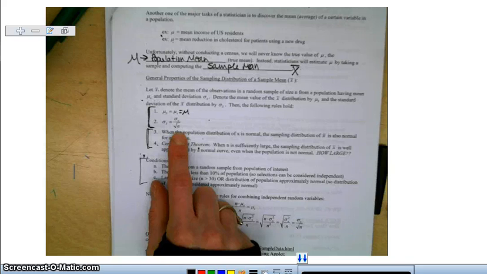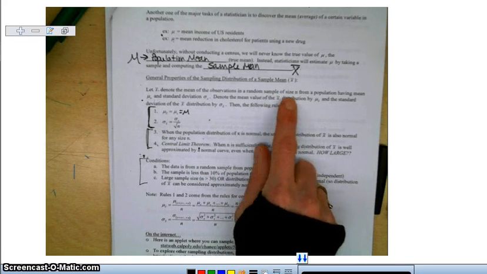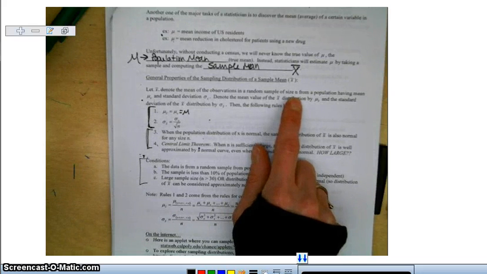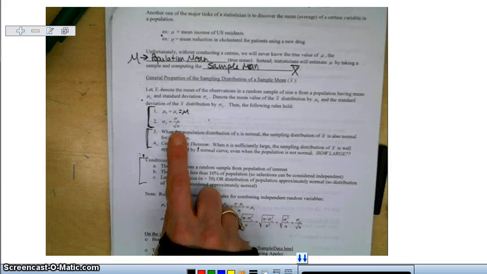What's n? It's the sample size. N is always the sample size, since chapter 1. You just divide by the square root of the sample size.